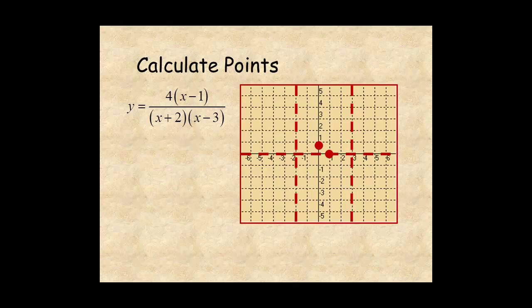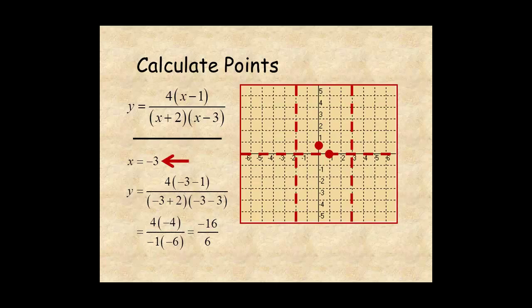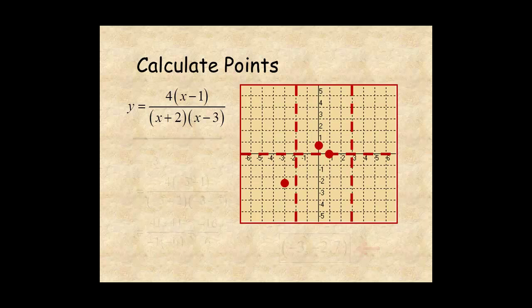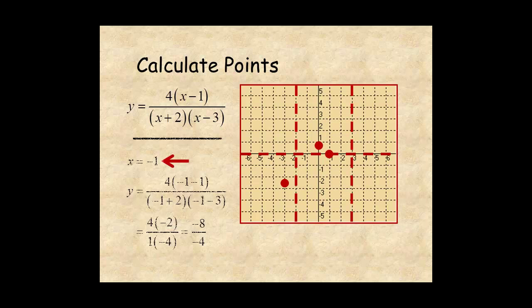Next, calculate at least one point on either side of both VAs. Starting at the left, for x = -3, y = -16/6, and there's a point approximately at (-3, -2.7). For x = -1, y = -8/-4, and there's a point at (-1, 2).